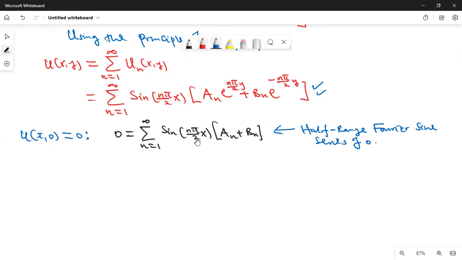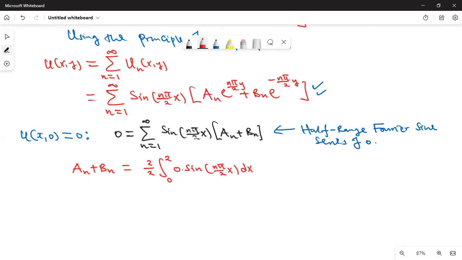So how do you get the Fourier coefficient? So a n plus b n, that's the whole constant, is equal to, remember our interval was from 0 to 2, so it is 2 over 2, integrate from 0 to 2, 0 times sine n pi over 2 x dx.